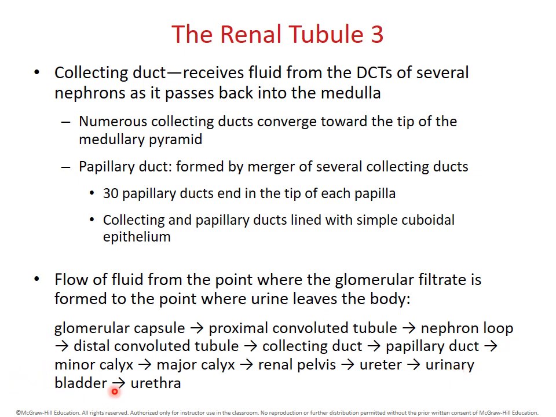And when the bladder fills to a certain threshold level of stretch, that creates a reflex, the micturition reflex or urination reflex. And we then eliminate the urine from the body through the tube known as the urethra. So that's a very nice sort of summary of the flow of fluid from its origin in the glomerulus to its elimination through the urethra.